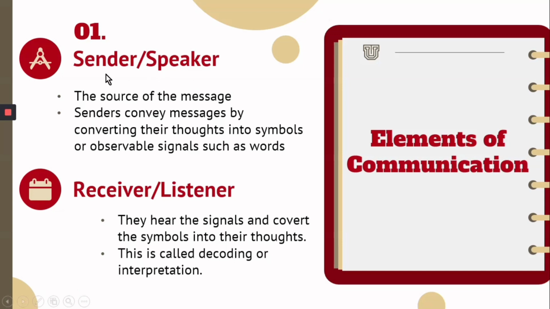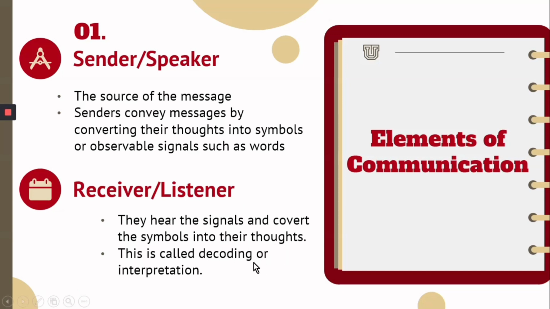The sender or the speaker is the source of information or message. He is the one responsible for sending symbols or signals such as words and gestures. On the other hand, we have the receiver or listener, who receives the symbols or signals from the sender or speaker.